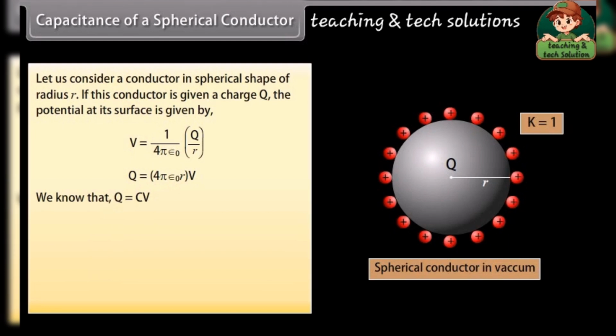On comparing above equations, the capacitance of the spherical conductor is given by C is equal to 4 pi epsilon naught R.